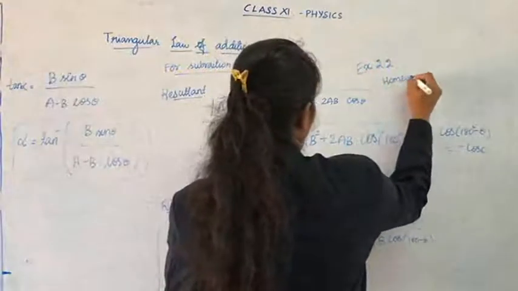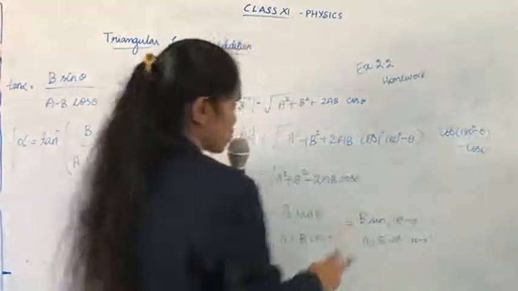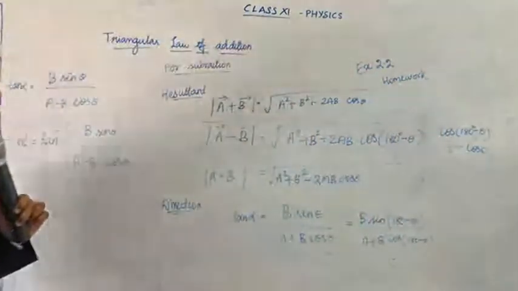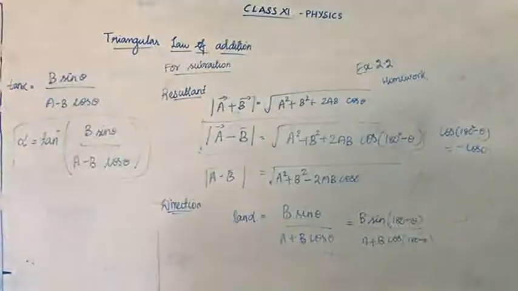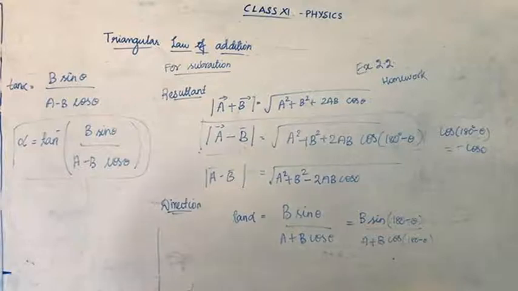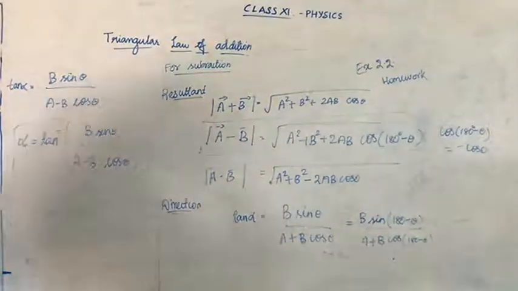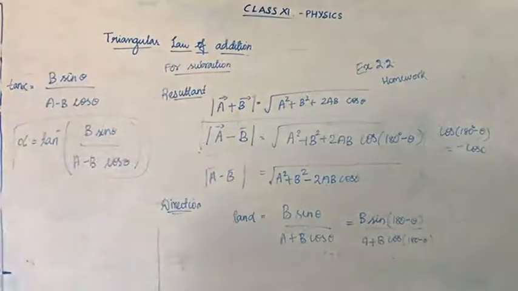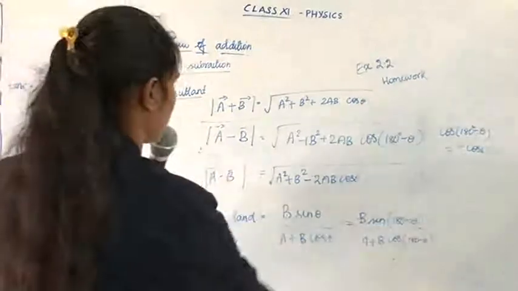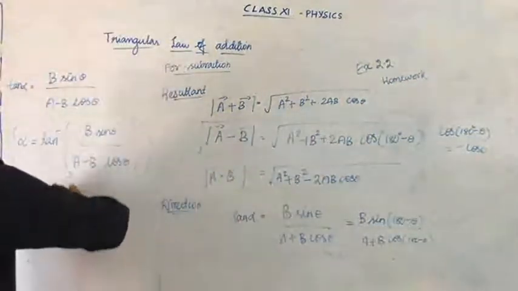Write in your homework note what I have taught you today. You have to write it in your class book. These are the triangular law of vectors. Now we are going to see the equations of uniformly accelerated motion. Have you written, children? Have you noted down the homework?